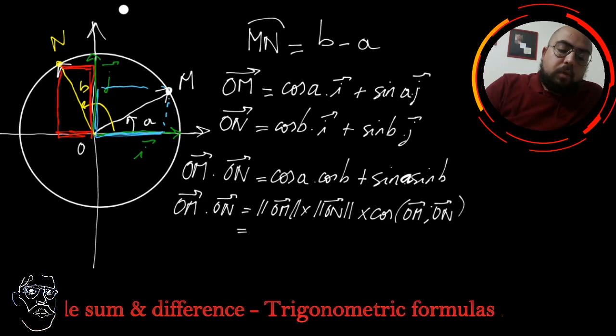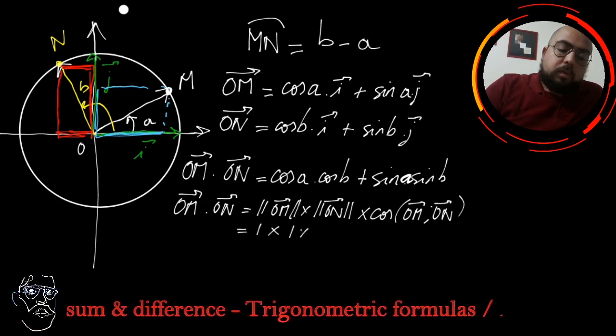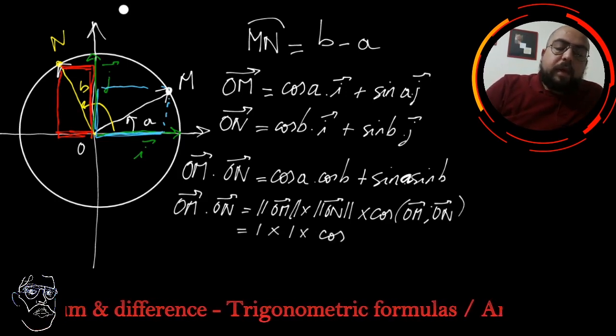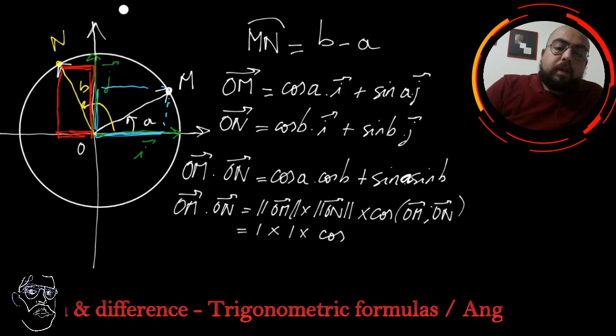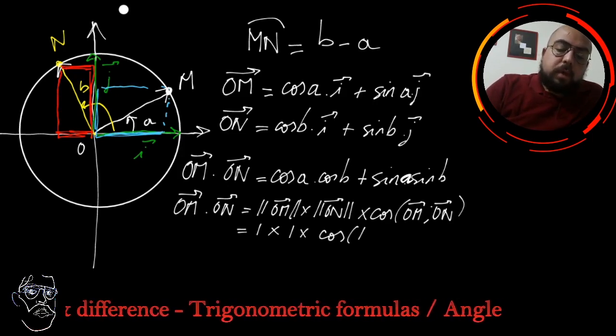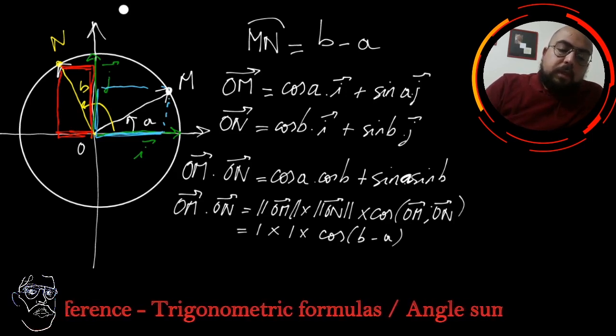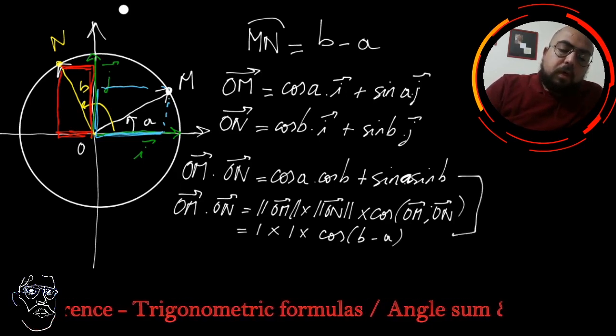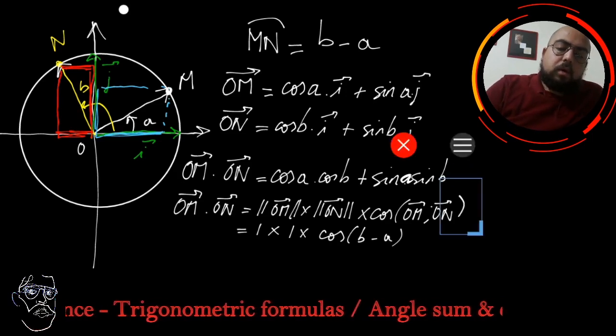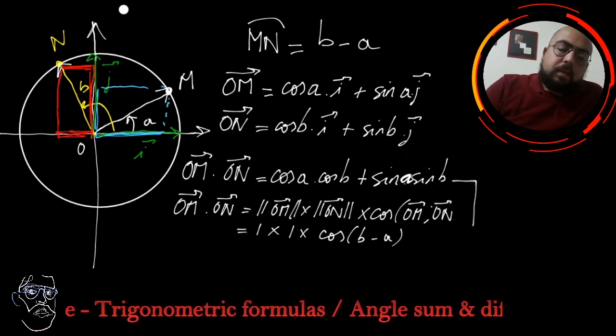So it's simply equal to 1 times cosine. The angle between OM and ON is the arc MN, which is B minus A. So these two are simply equal. I can say that these two are exactly the same thing.